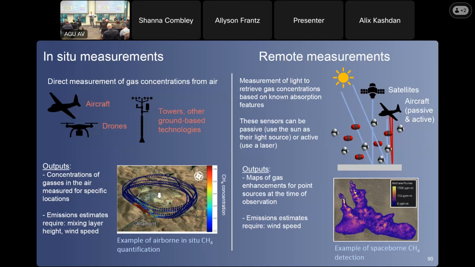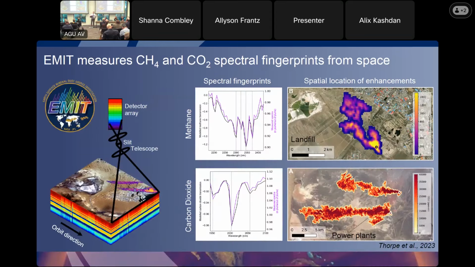Next slide, please. I did want to talk a little bit about the EMIT instrument. This has been on board the International Space Station since July of last year. It has a wide field of view, 80 kilometers across, with a 60-meter spatial resolution to allow us to map out methane and CO2 point sources. How do we do this? There are distinct absorption features in the shortwave infrared.